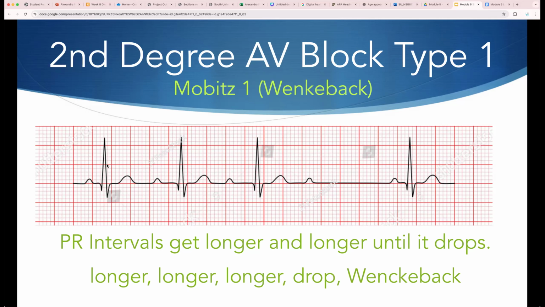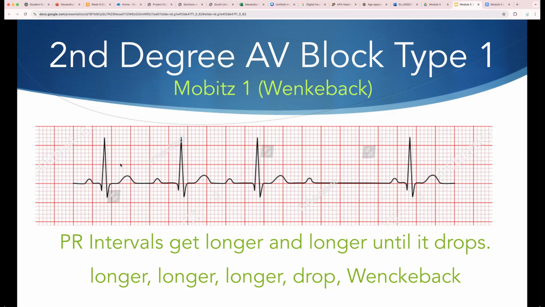Okay, so this PR interval, let's see, 1, 2, 3, 4. So that's normal because it's supposed to be 3 to 5 boxes. Then 1, 2, 3, 4, 5, 6, or 6.5. So from 4 to 6.5. Then 1, 2, 3, 4, 5, 6, 7.5.